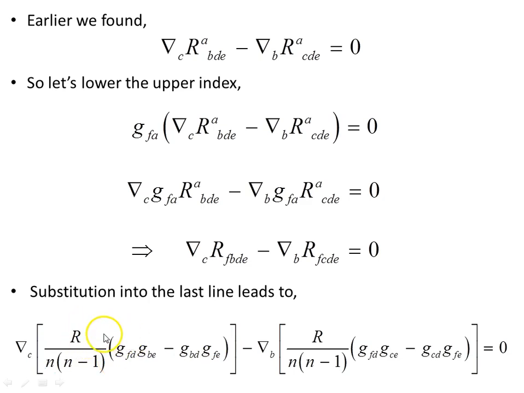So into this, let's substitute this result we got from the previous page. Remember, this is equal to this Riemann tensor part. Keeping the covariant derivative outside, same here, del b, keeping that outside, we replace this with the result from the bottom of the last slide, which is this. Now all of that is equal to 0 because all of this is equal to 0.